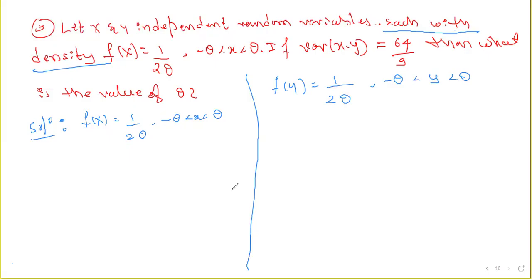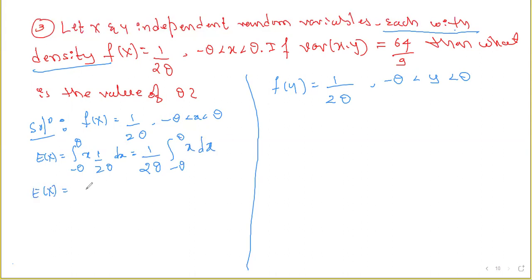Here we will get the value of theta, suppose we take variance. But before that, first we need to find the expectation. So expectation value of x is the integration from minus theta to theta of x, f of x is 1 divided by 2 theta, dx. So 1 divided by 2 theta integration of x dx.